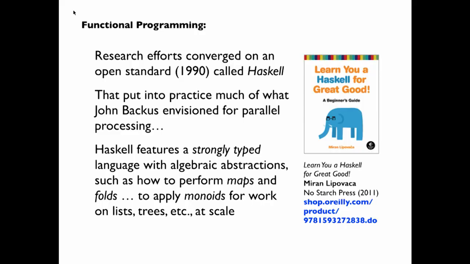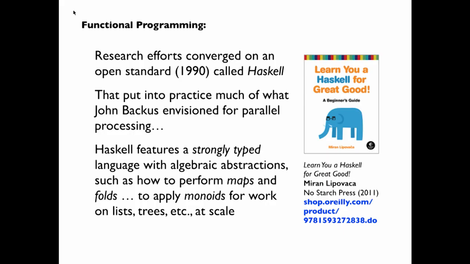Rolling the clock up a decade and change later, a lot of different research efforts which were looking at functional programming, things coming out of Lisp and whatnot. A lot of these efforts converged into an open standard that was called Haskell. Haskell's named after Haskell Curry, and it really put into practice much of what John Backus had envisioned for parallel processing.